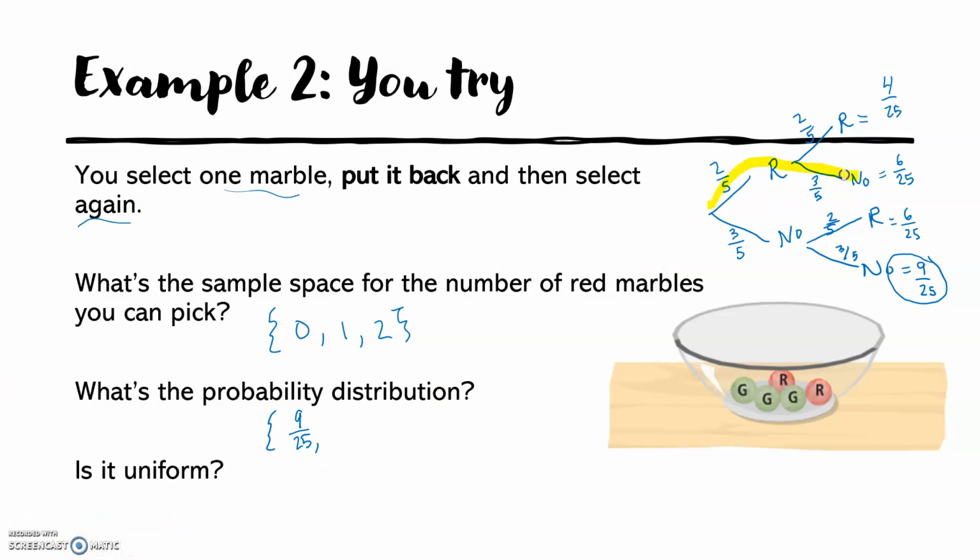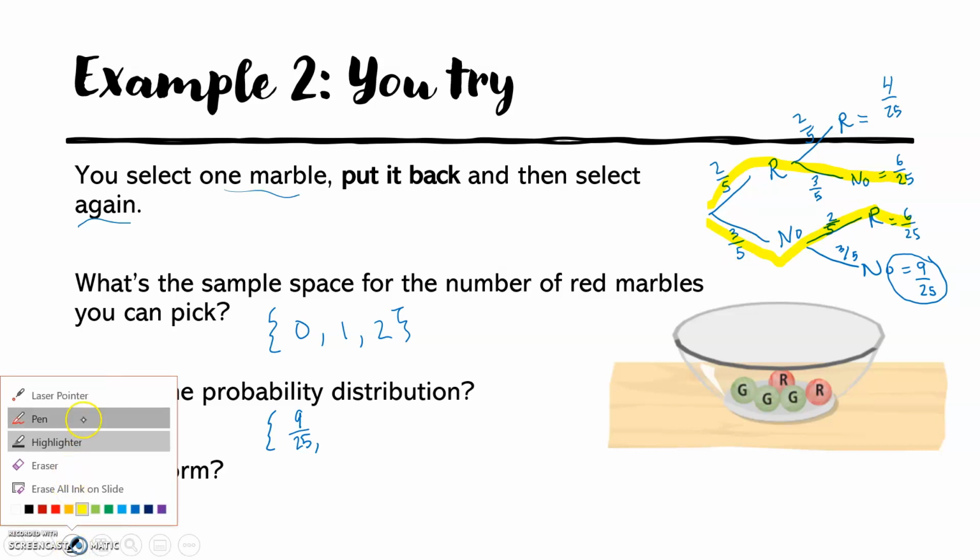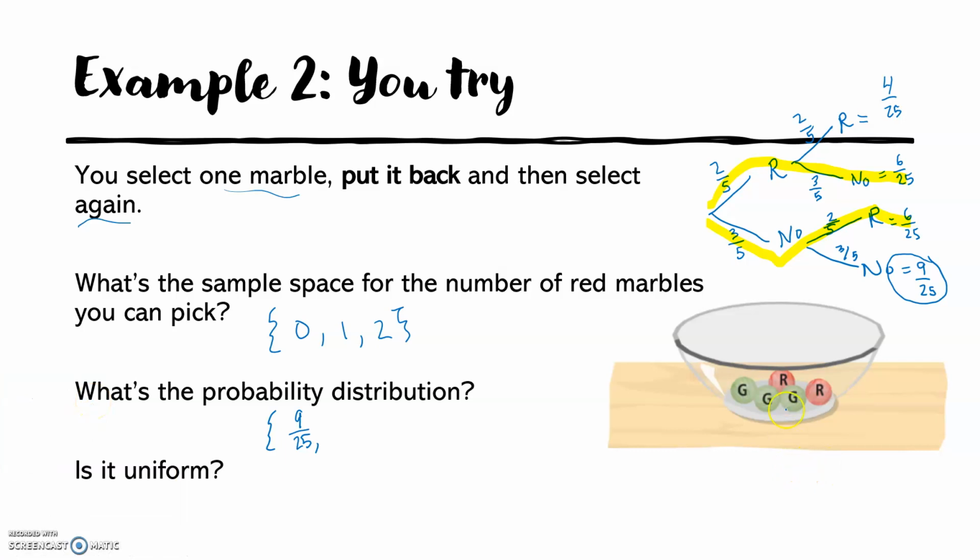We're going to look at this branch and also this branch, because both of those branches have 1 red in them. So we would add those 2 branches together, and we'd do 6/25 plus 6/25, and that would be 12/25. So that's the probability of 1. And then the probability of 2 reds would be this branch of the tree, so that'd be 4/25.